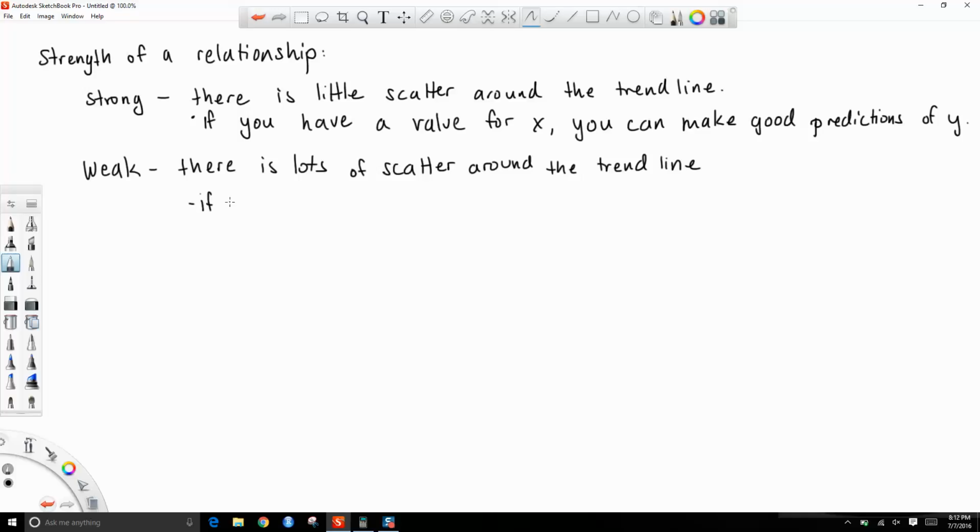Okay? So if you have a value for x, okay, your prediction for y will not be precise.